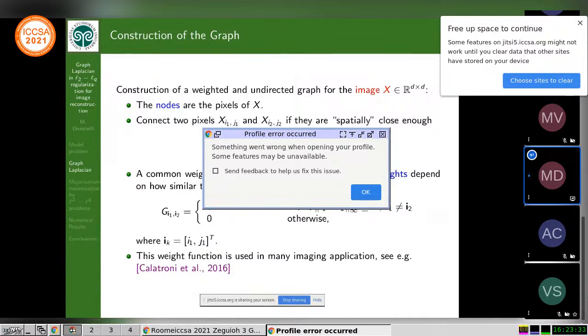We define the edges for the matrix G using the same Gaussian function that was introduced by Caterina Fenu, and that you can find in many imaging applications, like in the paper by Calatroni and collaborators. This Gaussian function, of course, decays fast according to the variable sigma.